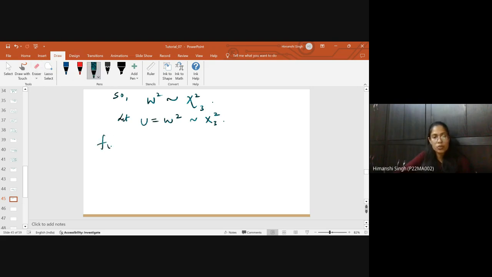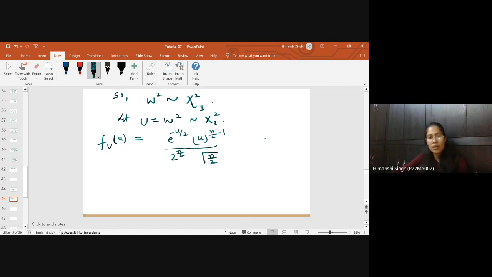In general it is e to the power minus u by 2, u to the power n by 2 minus 1, divided by 2 to the power n by 2 into gamma n by 2. So this is basically the density for the chi-square distribution.